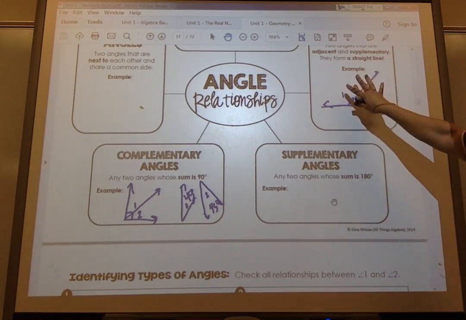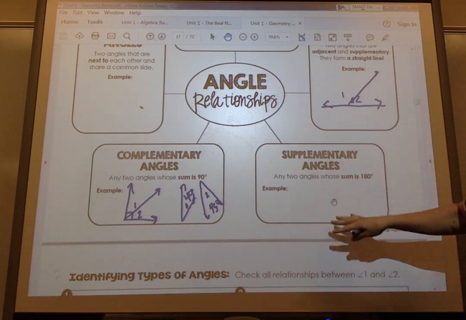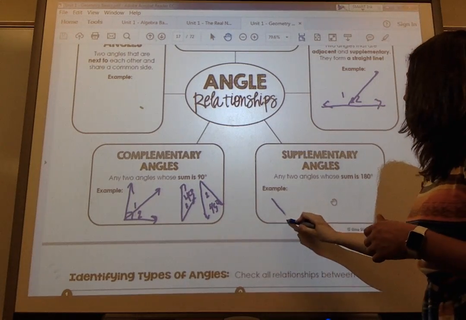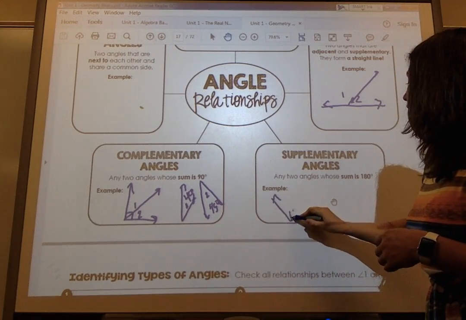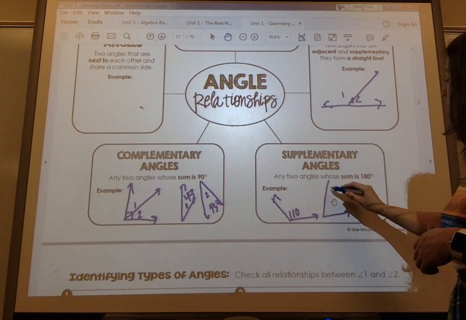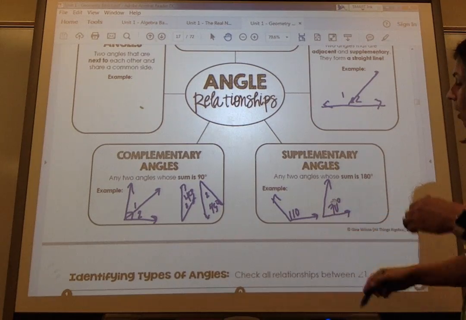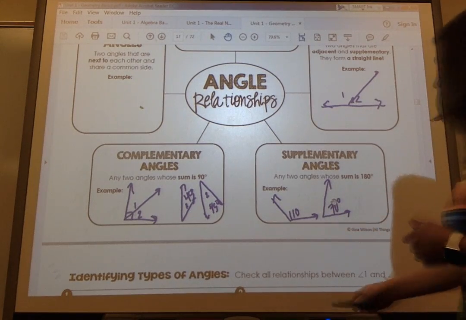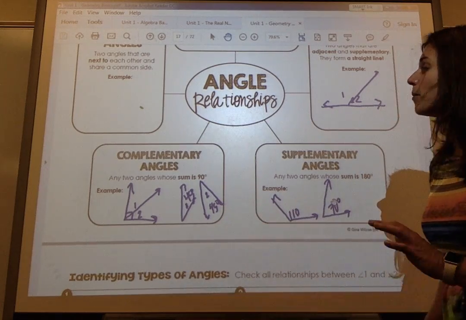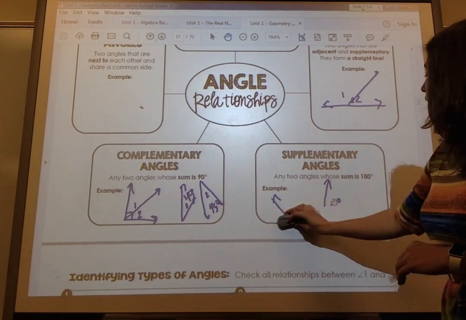But supplementary angles don't always have to be a linear pair. You could have an angle here that is 110 degrees and an angle here that is 70 degrees, and these would also be supplementary angles. So not always do they have to be adjacent, just like complementary do not always have to be adjacent.